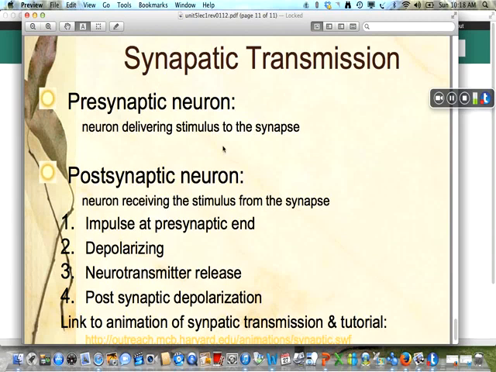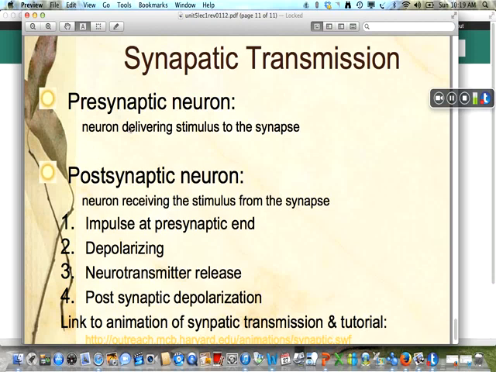So if you have neuron A delivering a message to neuron B, neuron A is going to be the presynaptic neuron, neuron B is the postsynaptic neuron. If we look at the relationship between neuron B and neuron C, if neuron B delivers to neuron C, neuron B is going to be presynaptic in that relationship with neuron C.